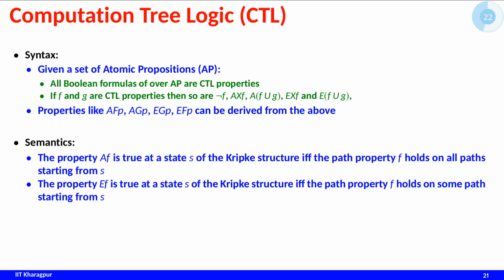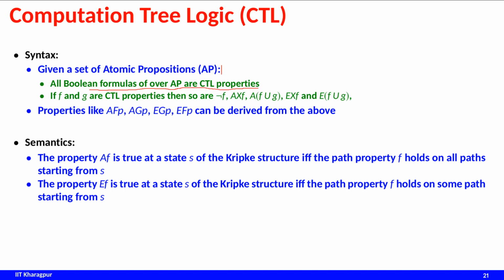Computation tree logic, or CTL, is the main thing that we'll look into in a little more detail later. The idea is as follows. Given a set of atomic propositions, any Boolean formula over the atomic propositions has the CTL properties.